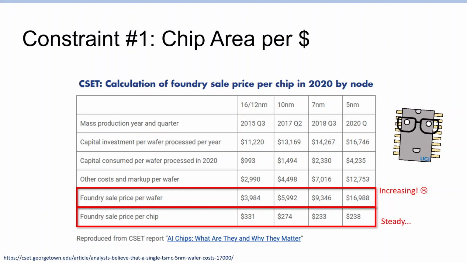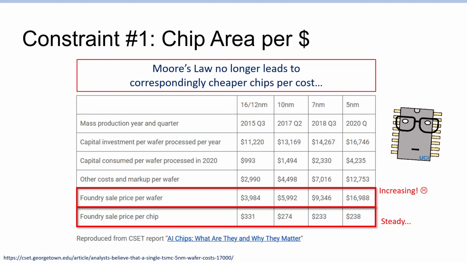Even though the size of each transistor is becoming smaller and the die area required to manufacture an equivalent chip becomes smaller, because the manufacturing price of each wafer is increasing, the cost of a comparably capable chip is not falling as fast as before, which basically means that Moore's law no longer leads to correspondingly cheaper chips per unit cost.